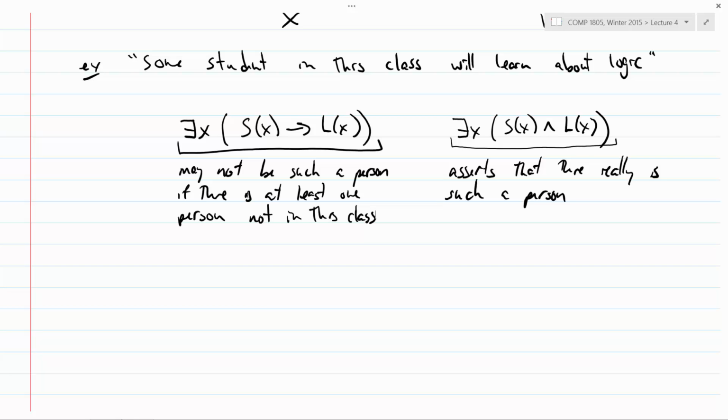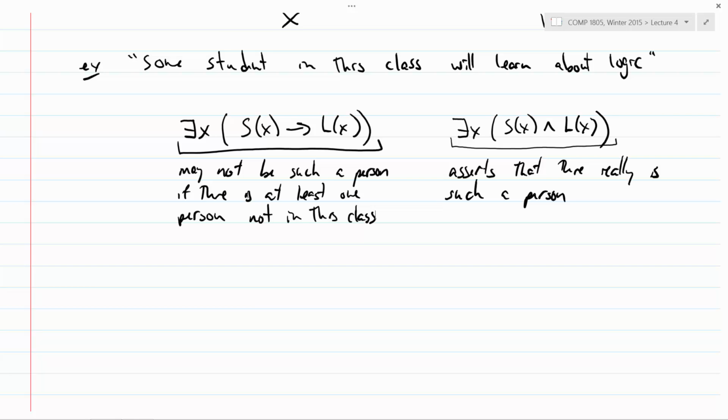Well, the sentence on the left, the one with the implication, that will still be true, right? Because Sx will be false for some person because they're not in this class, and that means the implication will be true, and so the existential quantification of that implication will be true as well. That's what's going on there. Other questions? Okay, so to be clear, I'm not saying never put an implication in exists. I'm just saying be careful.